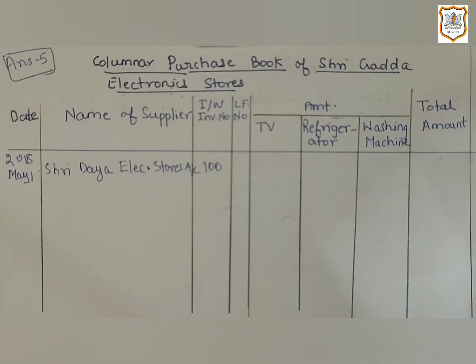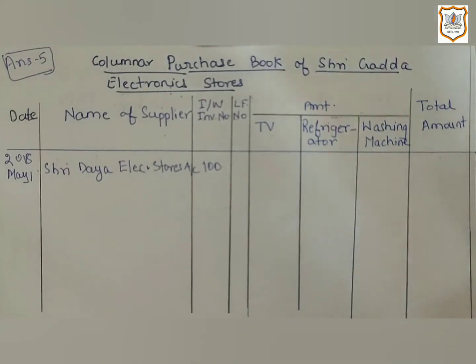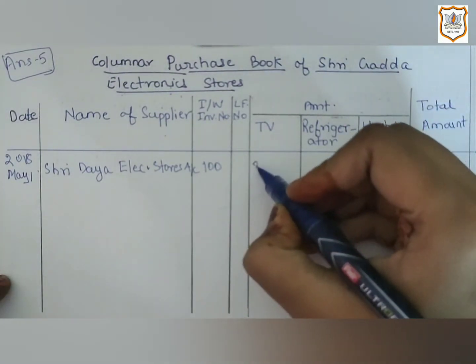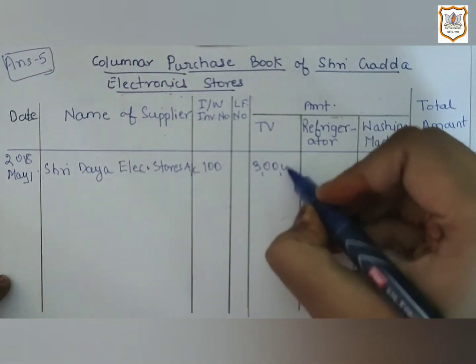Here it is given that Gadda Electronics has purchased 10 TV sets and the price of one set is rupees 30,000. So what will be the total price of 10 TV sets? It will be 3 lakh.